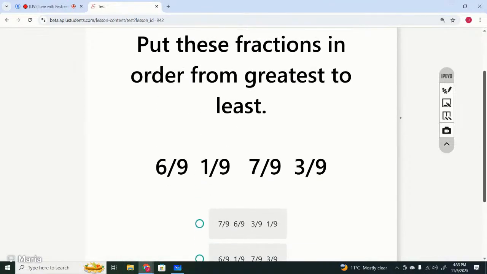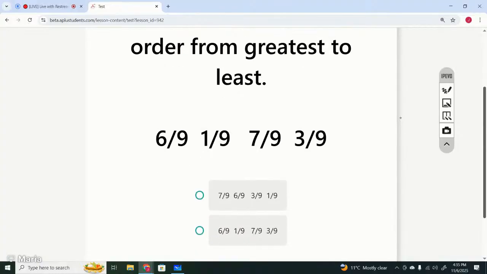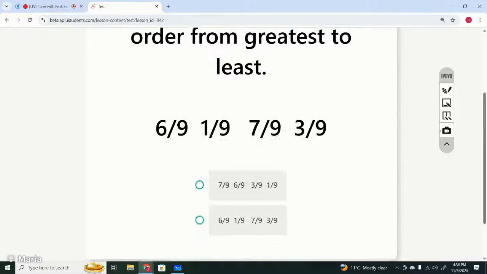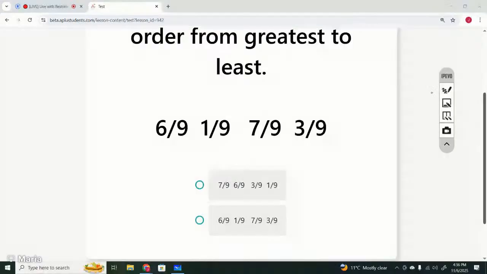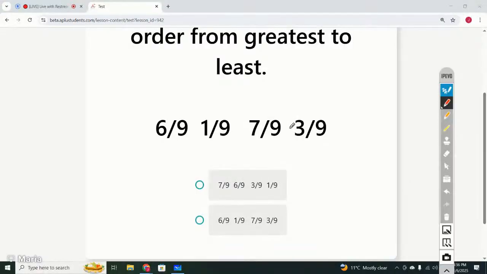Put these fractions in order from greatest to least. We need to arrange them from greatest to least. Now they have the same portions. All the figures have 9 portions, right? The greatest is 7 over 9, because the most portions are colored.